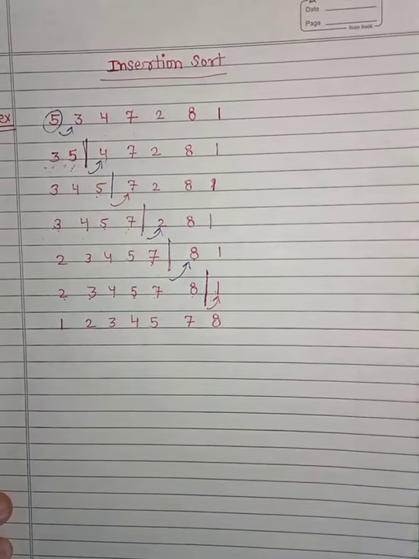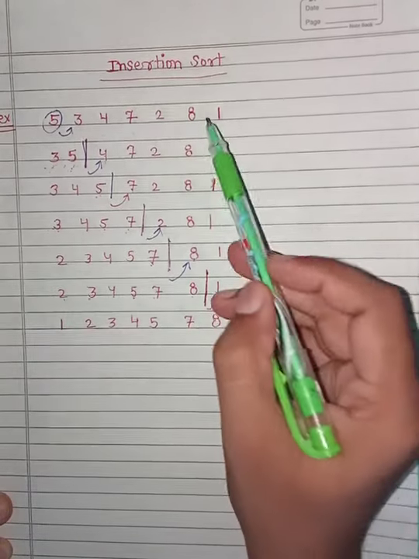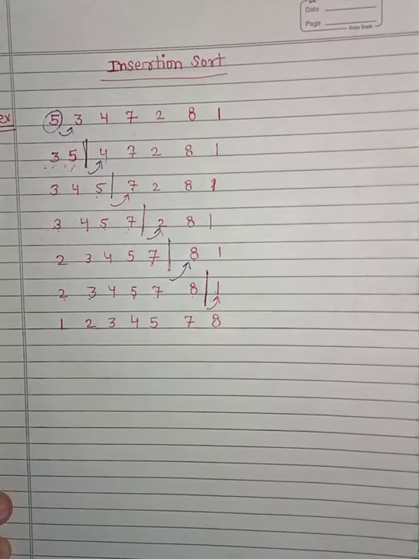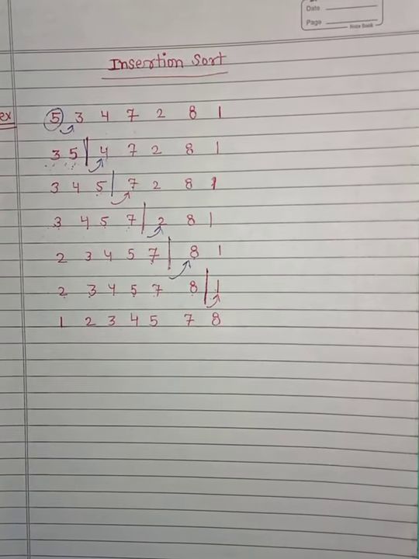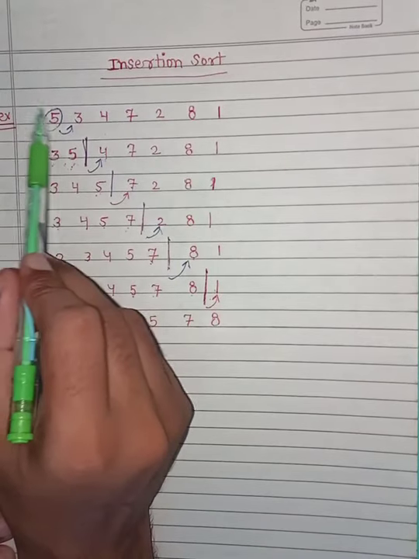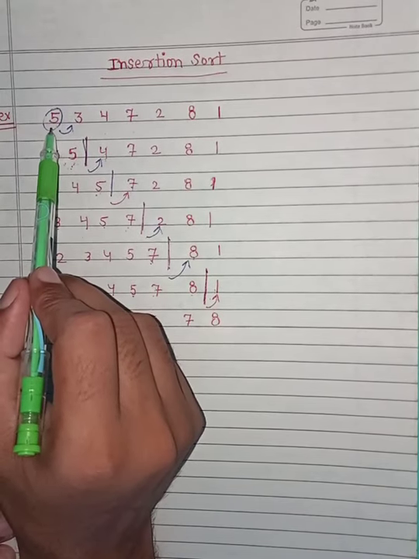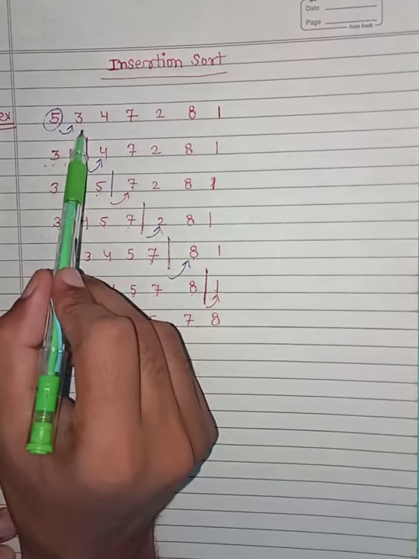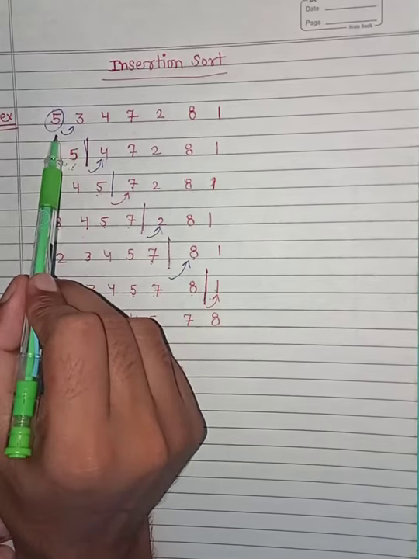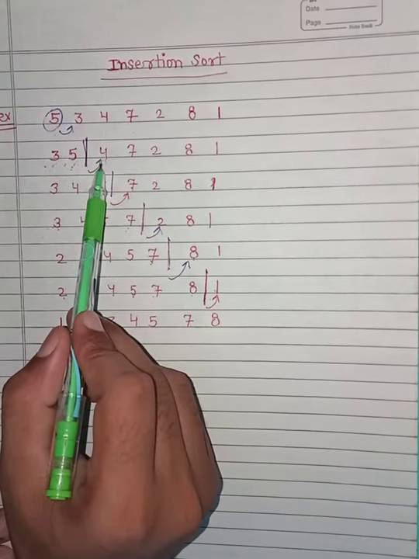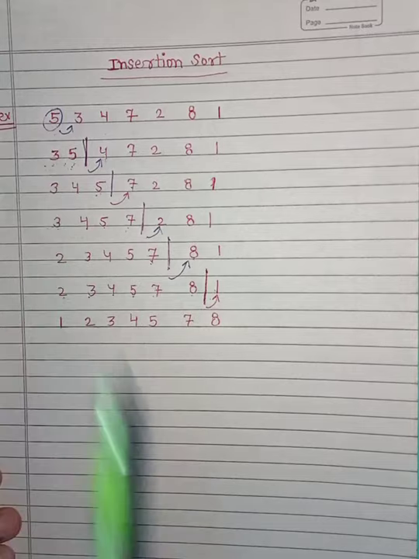So let's revise in brief. We have a given array of elements to sort using the insertion sort algorithm, and we just see the first element and consider it already sorted. We compare the next element with its left element and shift it to its correct position.